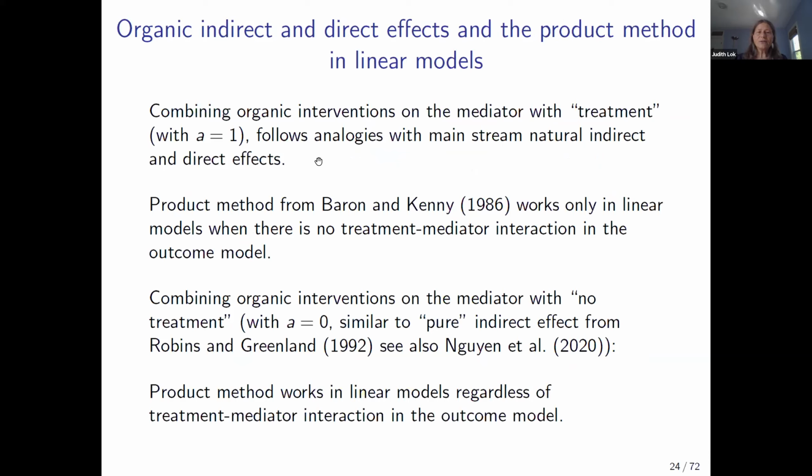Combining organic interventions on the mediator with treatment follows analogies with mainstream natural indirect effects, because natural indirect effects are typically defined in terms of the outcome under treatment, with the mediator set to its value without treatment. So we combine setting the mediator without treatment with A is equal to 1.